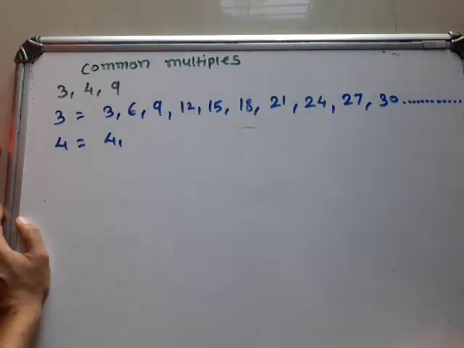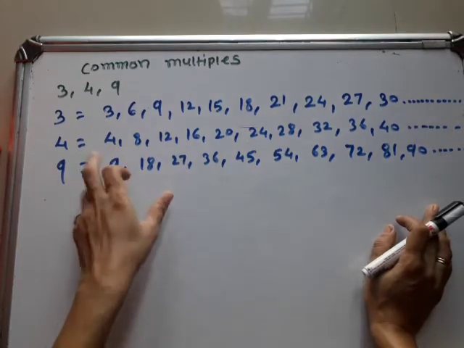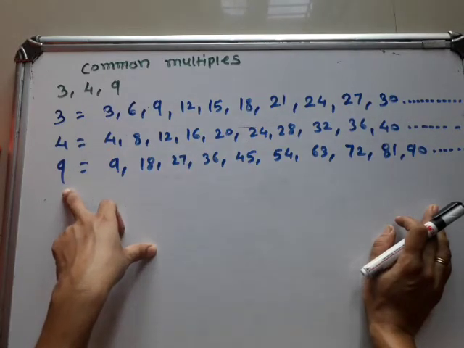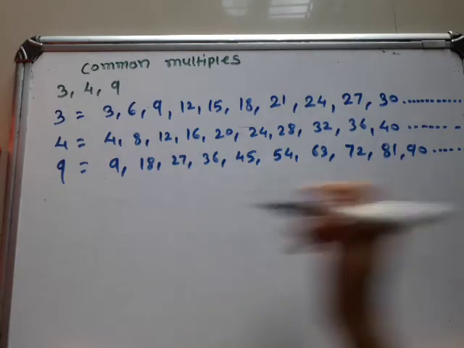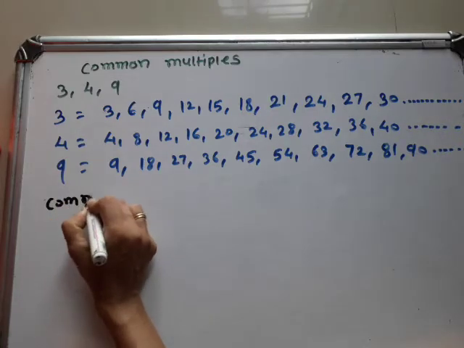Then 4. We write the table of 4. Now we find the common multiples.